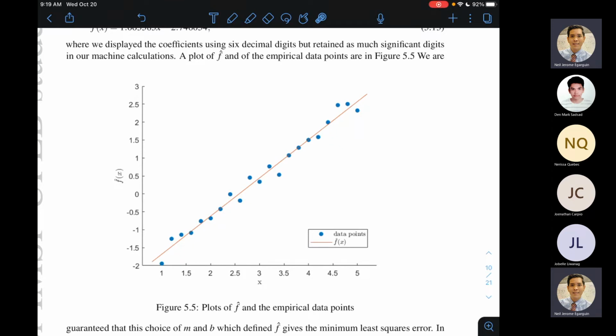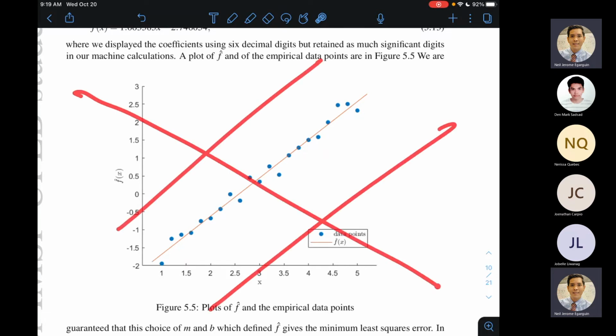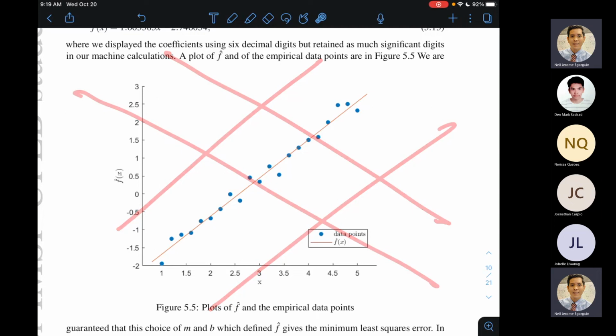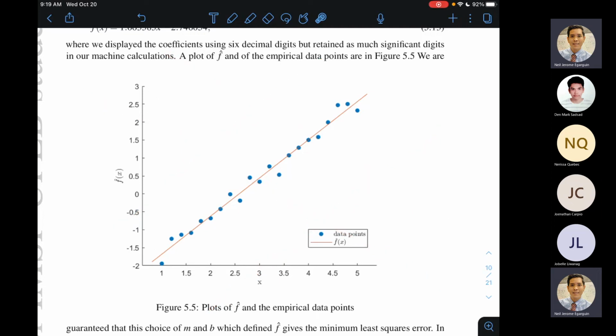We said the trend looks linear, so I look for the best line. Because your line could possibly be here, or it could be like this, or like this. But these red lines will not be the best fit because they do not minimize the sum of the errors. Actually, what minimizes the error, or the sum of squared errors, is this function. And that's guaranteed by the analysis that we did earlier.